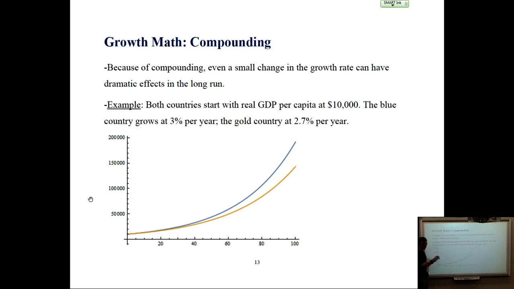The further out you go, you have a bigger percent, 3%, times a bigger and bigger number versus 2.7% of a relatively smaller and smaller number. So that's why it widens over time. You can see that even a very small increase in the growth rate can have huge implications for well-being down the road. So if we find a way to even modestly increase the U.S. growth rate, that would be a pretty big deal.